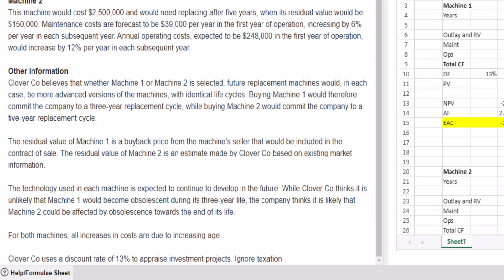So if you look in the other information, they're talking about the different cycles, the residual values, and the different obsolescence times of the 2 machines. So there are your other 3 titles. Use the information in the scenario to gain those marks.